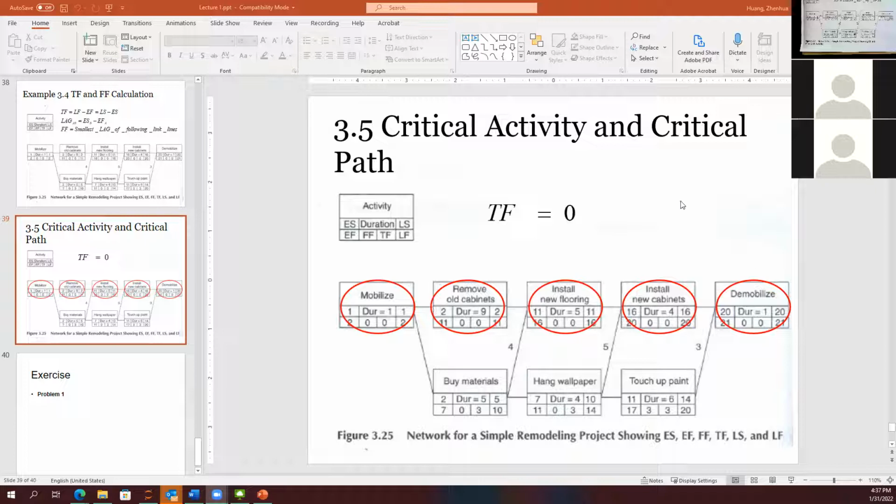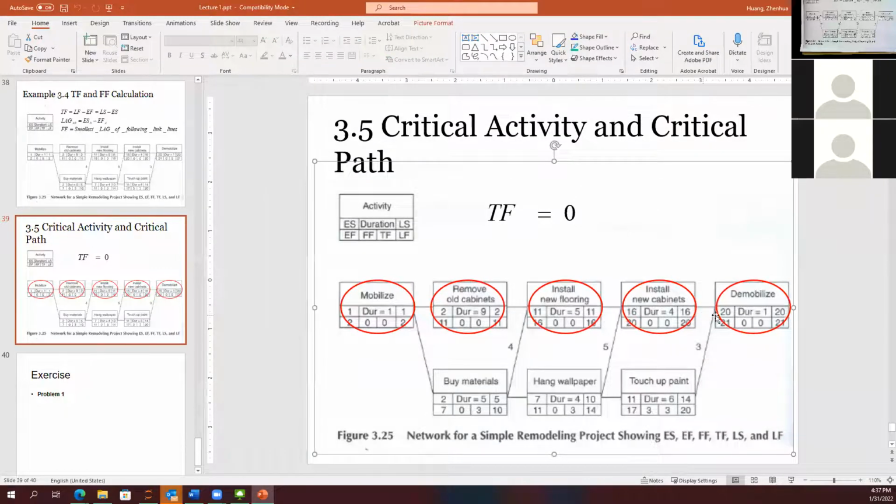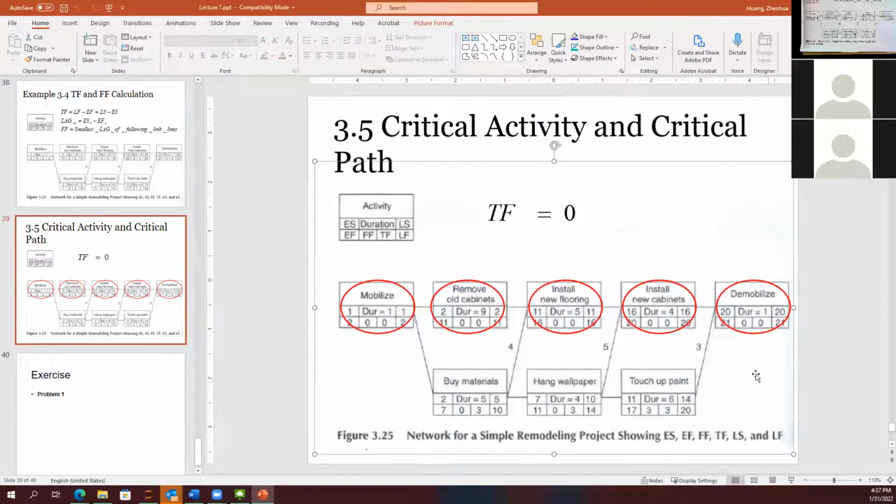That path is called the critical path. Those activities are called critical activities. Along the critical path, total float and free float equal 0. That line is critical. We can't delay, because total float tells you how many days you can delay before impacting the finishing date.